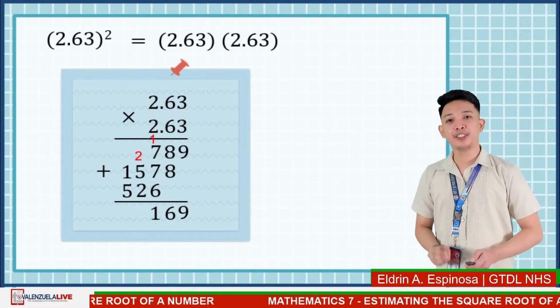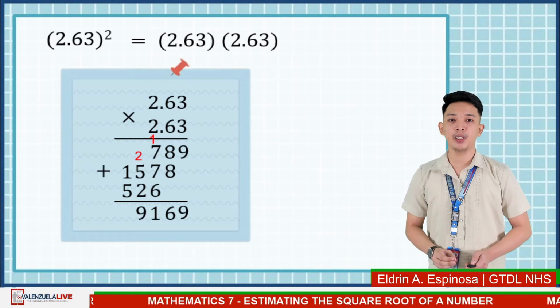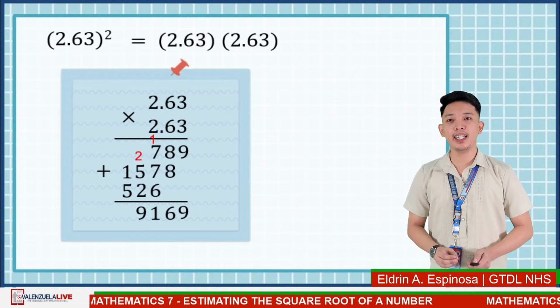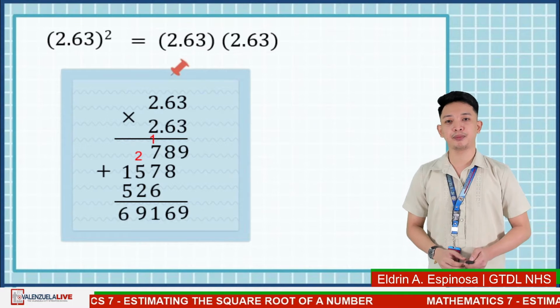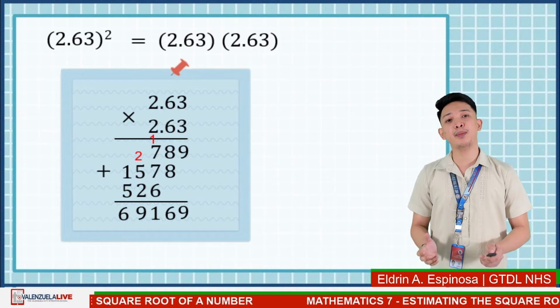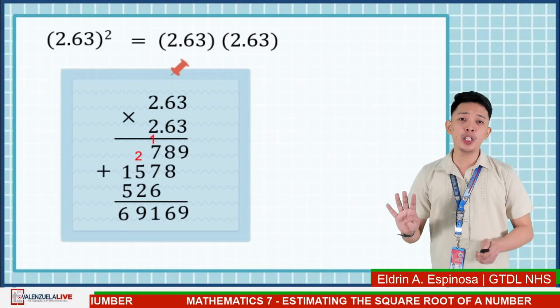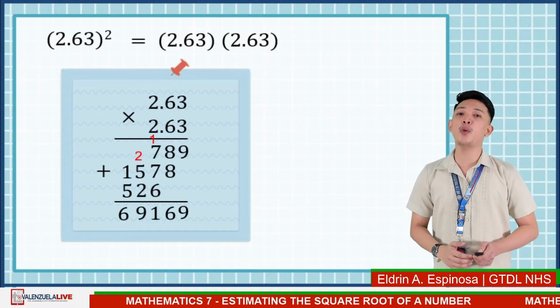Next, 2 plus 5 plus 2 is 9. Then 1 plus 5 is equal to 6. Since in our factors, we have 4 decimal places after the decimal point, we're going to count 4 units from the right going to the left.